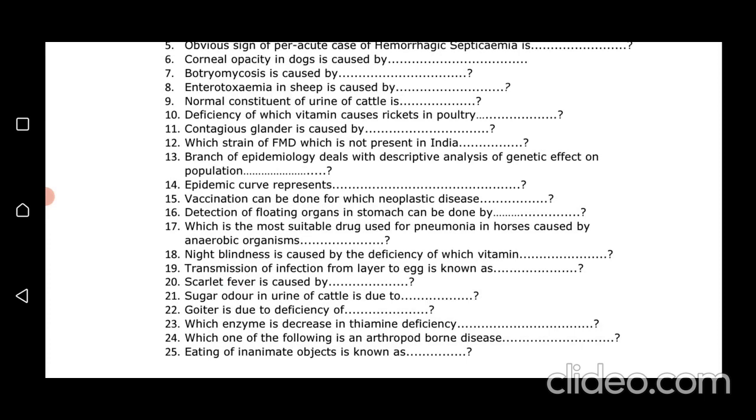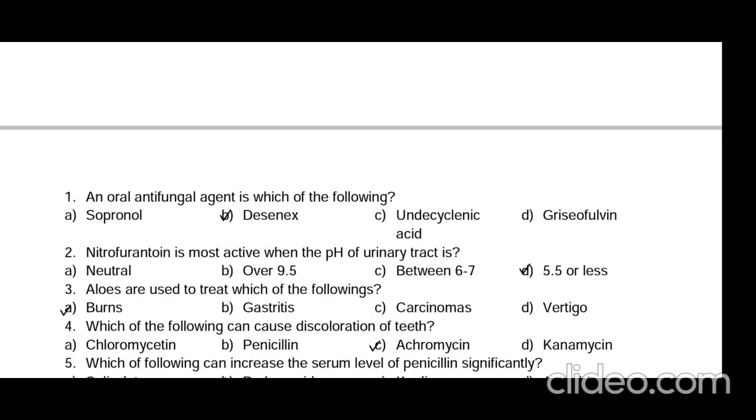Which of the following is an arthropod borne disease? Ephemeral fever, bovine ephemeral fever or three-day sickness. Eating of inanimate objects is known as pica. An oral antifungal agent is Lamisil.